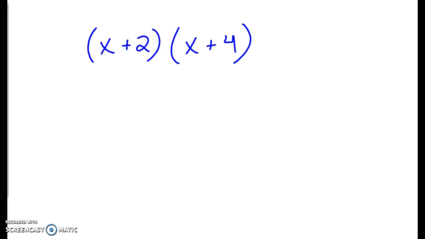We'll make it a little tougher. Let's say I have x plus 2 times x plus 4. Now notice I have two sets of parentheses.